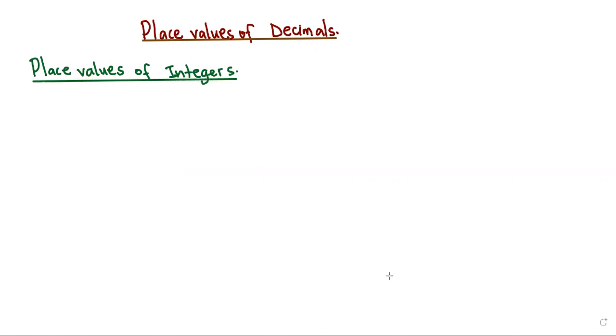Now, I want you to look at this big positive integer, like 12,345. Don't call this a point. This is just a comma. It's not a decimal point.